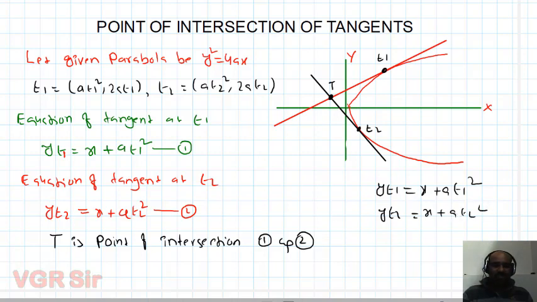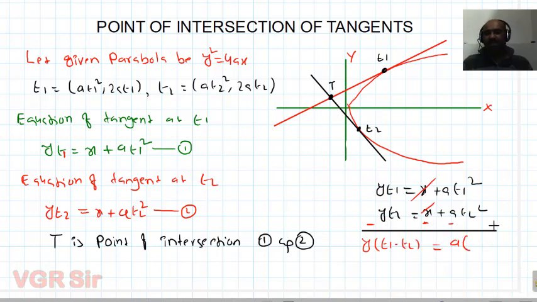Just I want to subtract these two. These two get cancelled. So y times (T1 minus T2) is equal to, if you take a common, a times (T1 square minus T2 square), directly I can write (T1 plus T2) into (T1 minus T2).